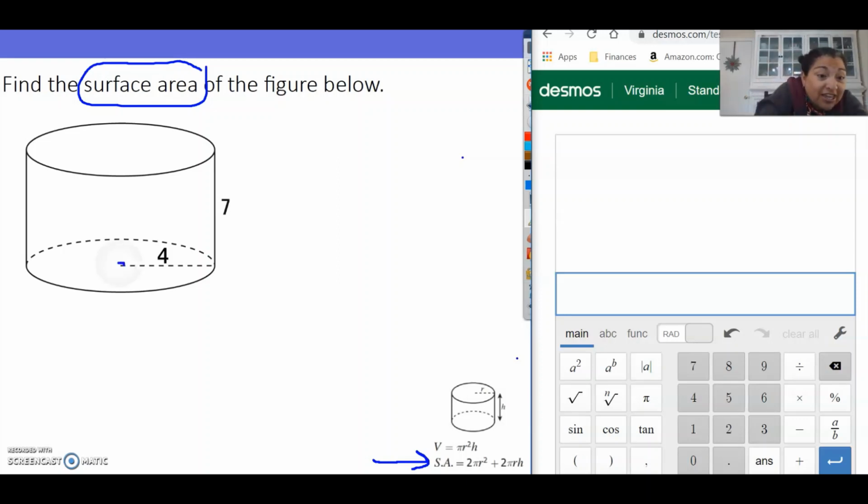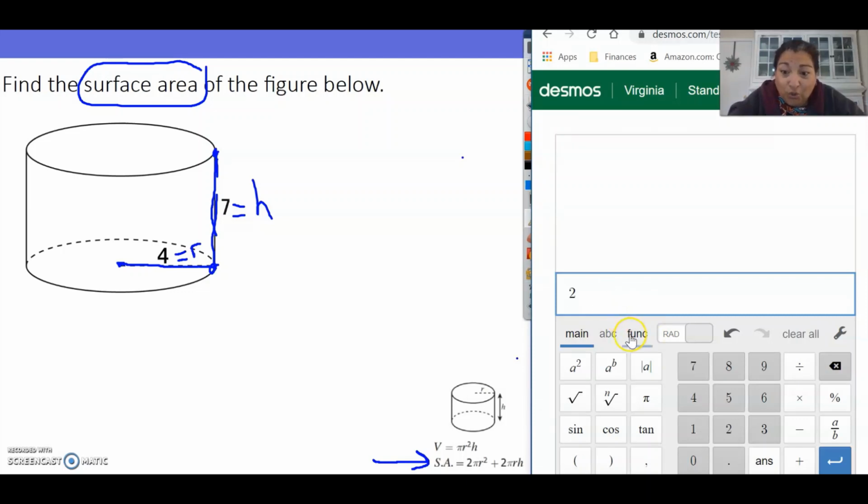First of all, this, from the center of the circle to the edge, is the radius. So we're going to put an R there. Then the line or the side that goes from one circle to the other, the two bases, is always your height. Okay, so let's come over here to our calculator and let's type in our formula.